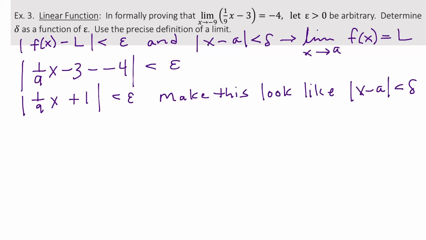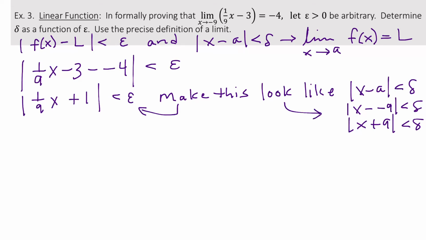We know our a, so x minus, what was a? -9. That's x plus 9. So we want to make this part look like this part. That's going to be our strategy. And in doing so, we're going to figure out a relationship between epsilon and delta.